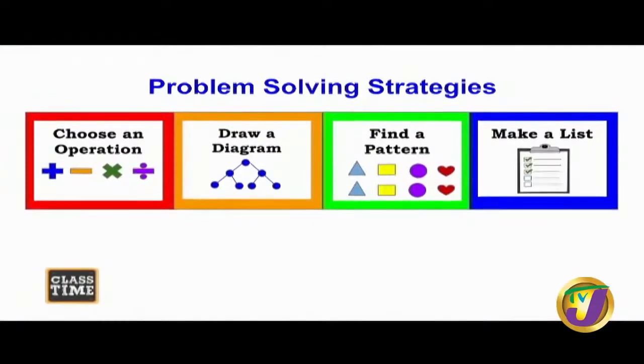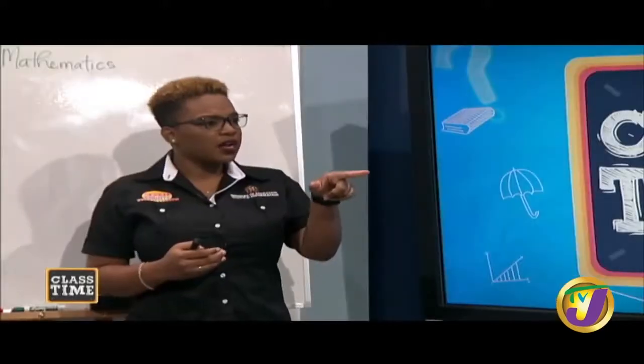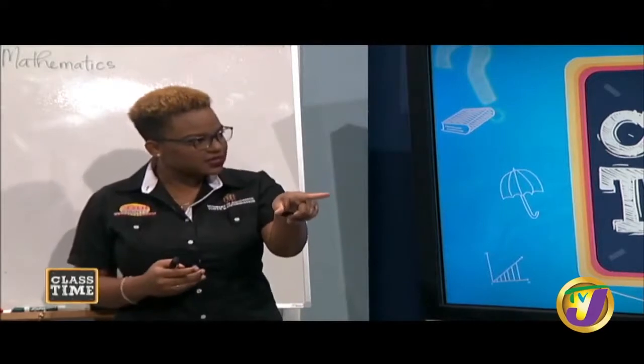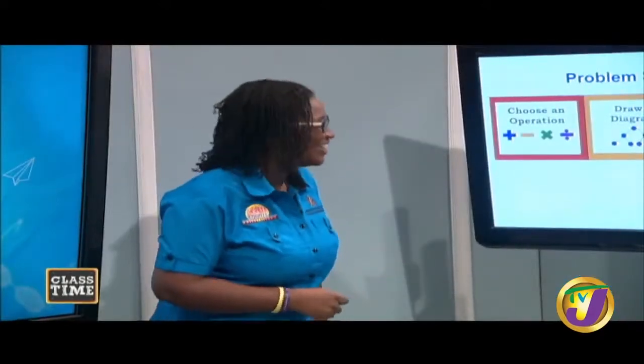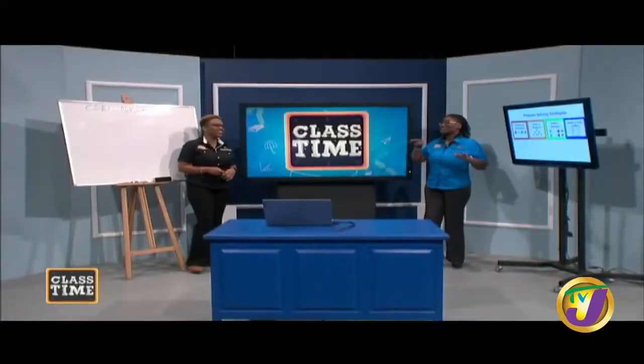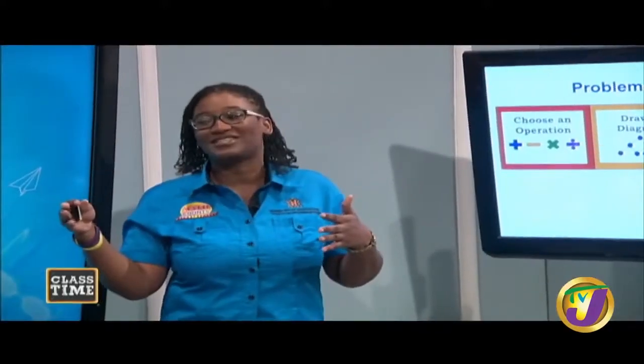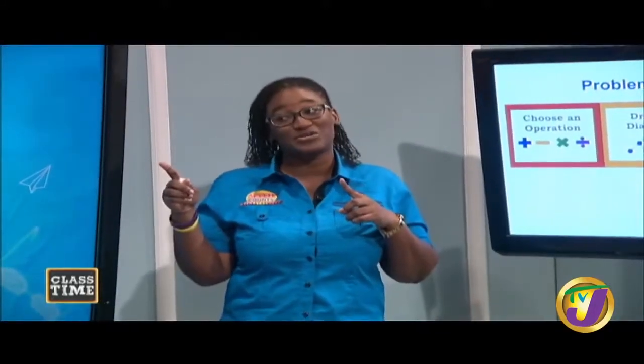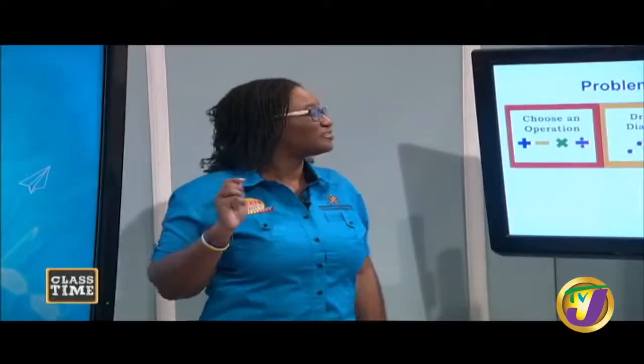Making a list. Okay, a shopping list. No. So I'm looking and saying, then I could draw a diagram, find a pattern, and then choose an operation from my list. See what I did there? True, but I like that because many times when we look at questions, it's not just one strategy that we'll use. So that combination can turn up.